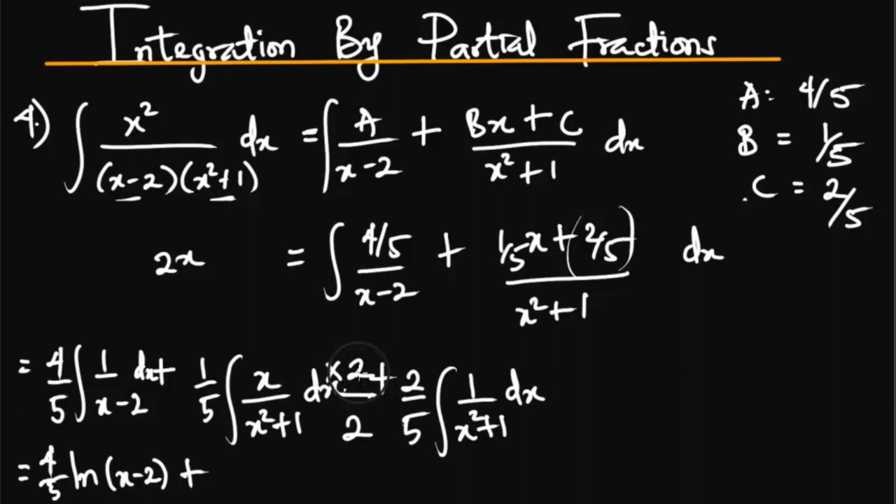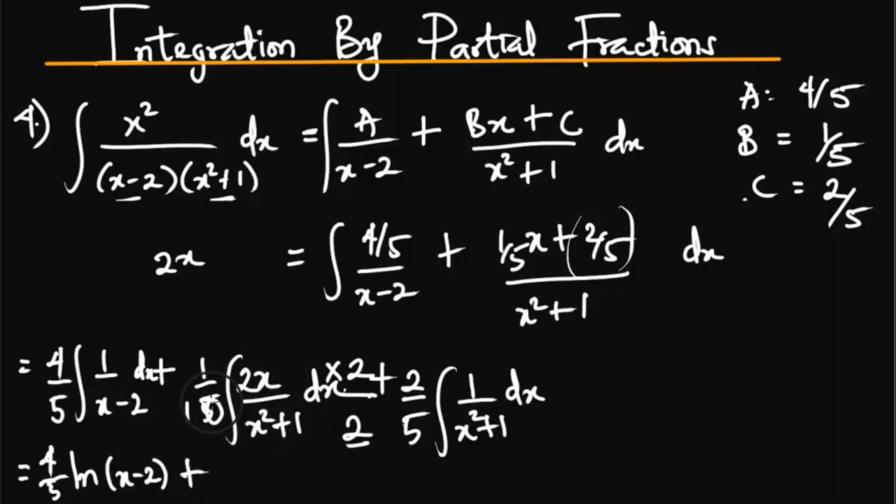Okay, and so I'm now going to have what? 2x. And multiplying this 2 by 5, I'm going to have 10. So instead of 1 over 5, now I have 2 over 10. And when I differentiate x squared plus 1, I'm going to have 2x.